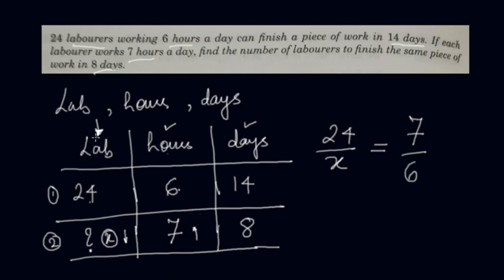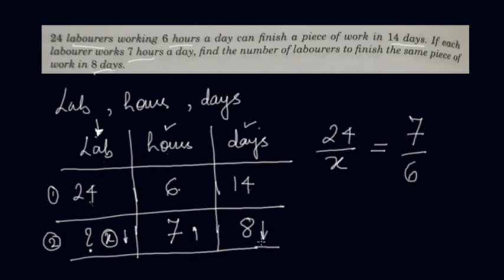Okay, now let's compare laborers with number of days. 24 laborers will need 14 days to finish the job. If the number of days are going down, don't even look at hours. Don't even look at it. It's in isolation. We are talking only about days and laborers.